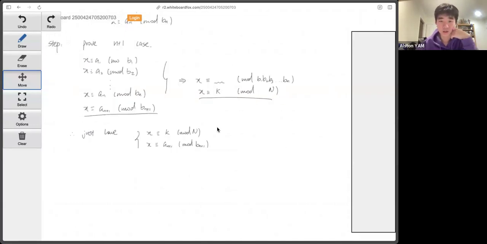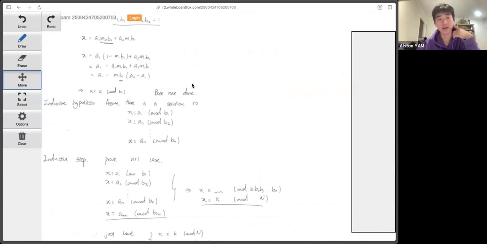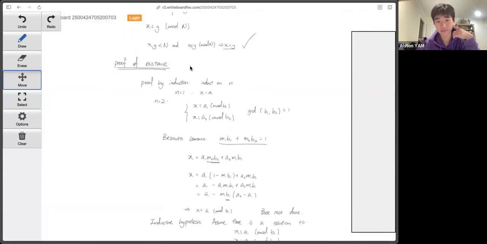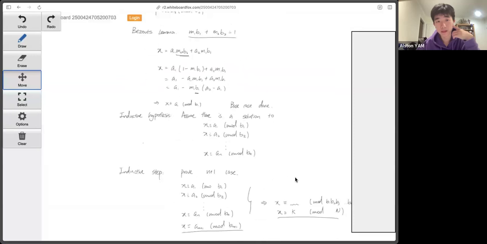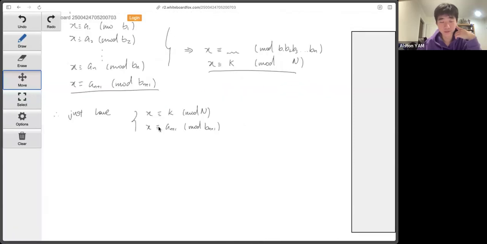And actually, if we look at this, it's literally just our n equals 2 base case that we have done here. So that's what we can do. We just have this, and we can just say true by base case n equals 2.